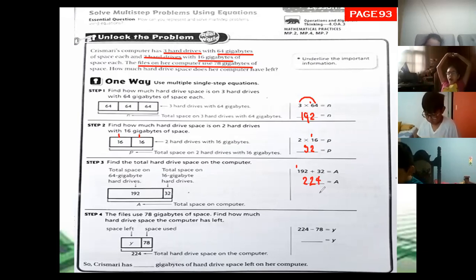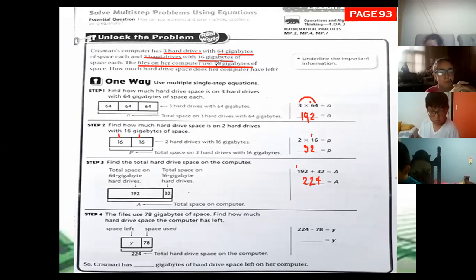Okay, so remember that the files on the computer use 78 gigabytes of space. Imagine that she has pictures, videos, TikTok or Instagram or Twitter or Facebook. They have all these applications in the computer, just as an example, okay?